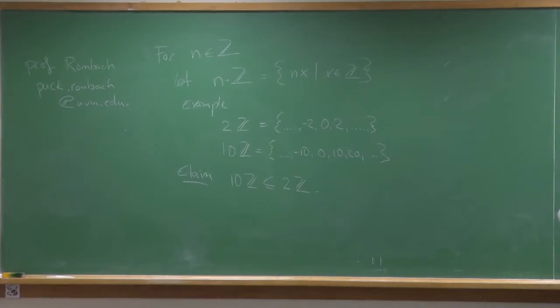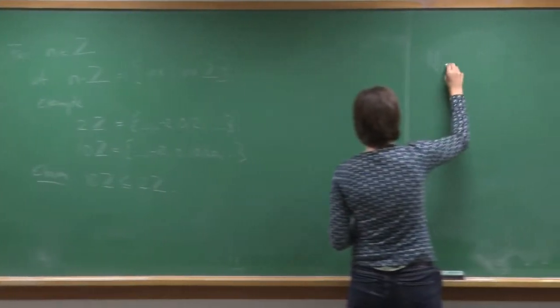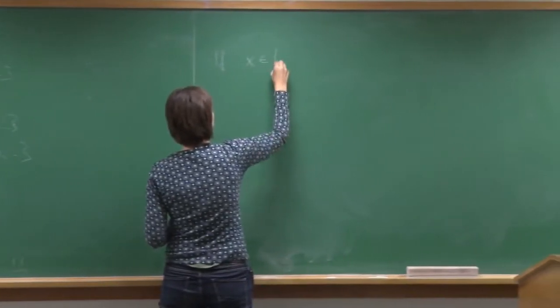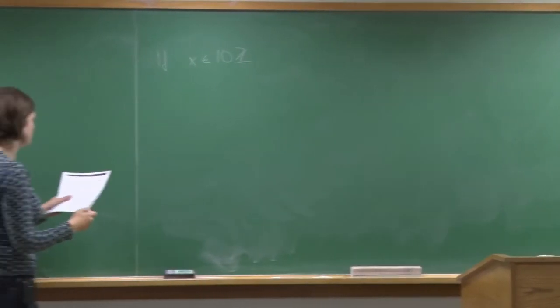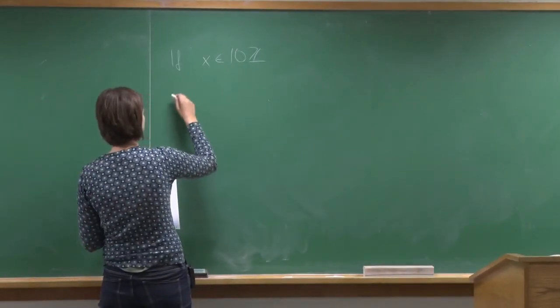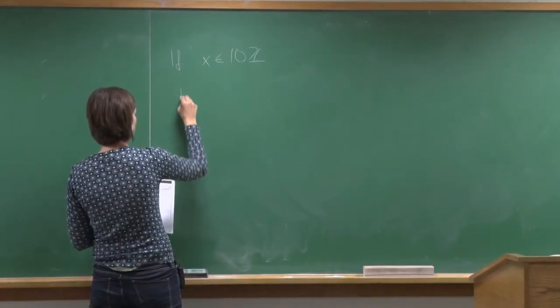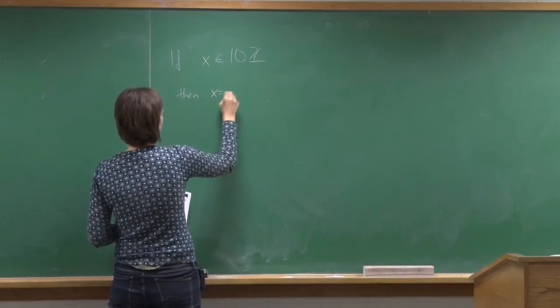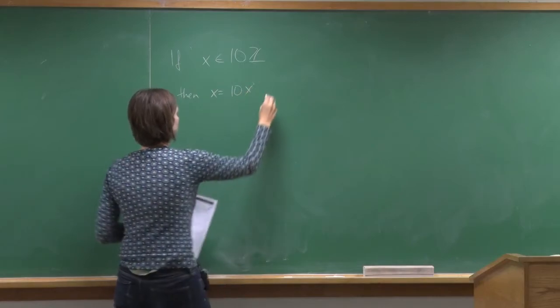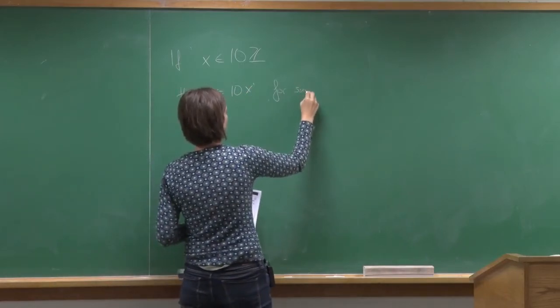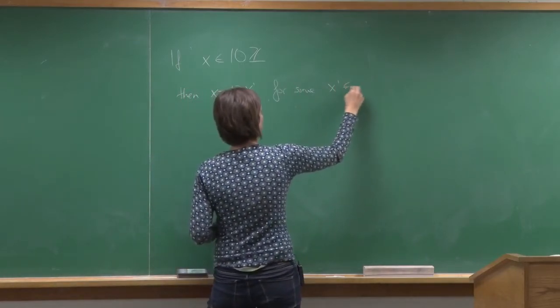So we want to show that if some element x is in the multiples of 10, then it's also in the multiples of 2. So of course this means that x is equal to 10 times, let's say x prime, where x prime is an integer.